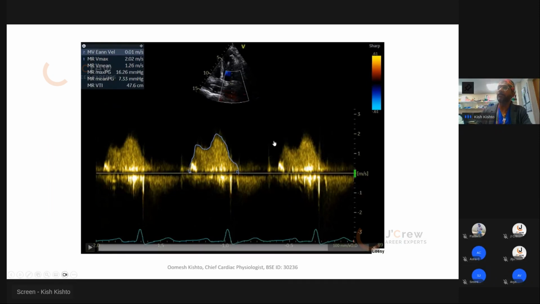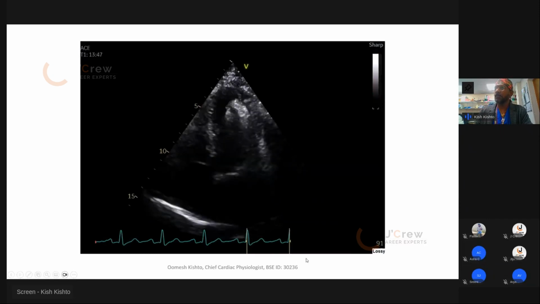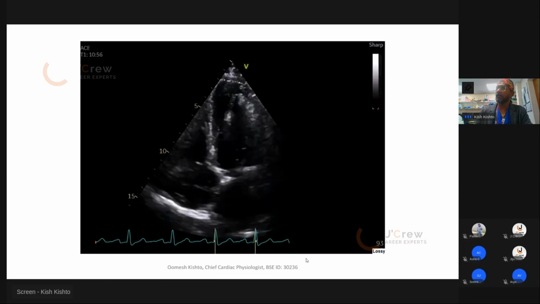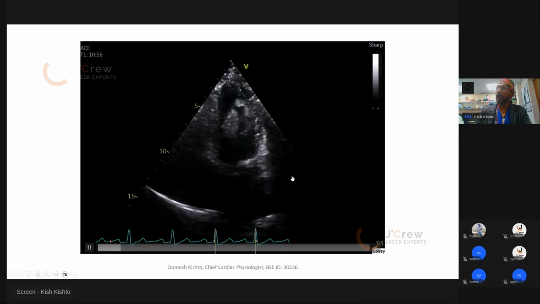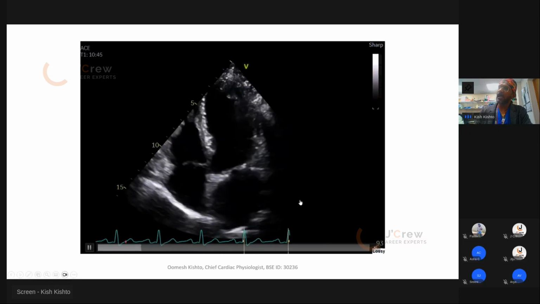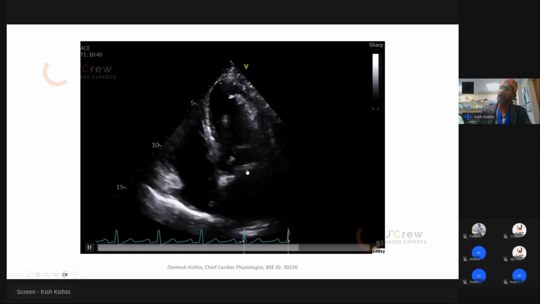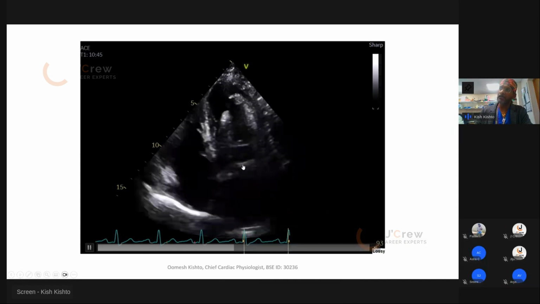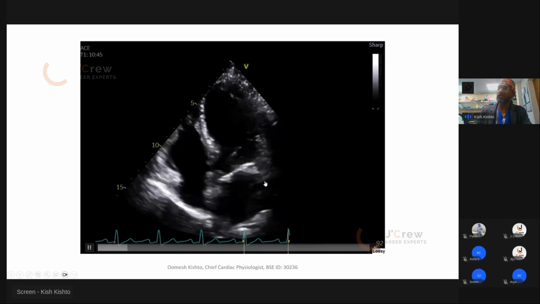So if you look at our previous image now, our mitral valve there looked quite thick, and the annulus there, so whether it's opening or not, we don't know, can't see it clearly.